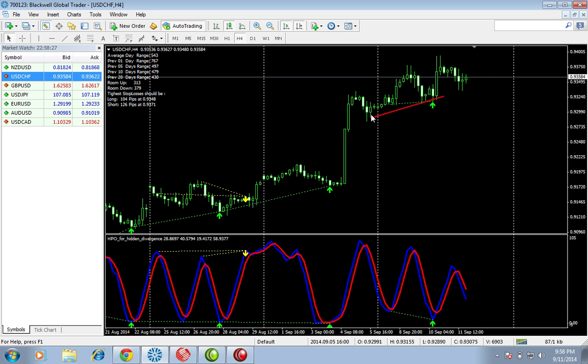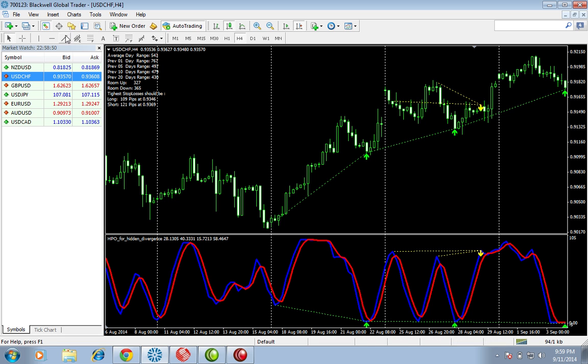But if price is making a higher low and the oscillator is making a lower low, then it is a warning. It is a warning that this momentum could be diminishing and that price may go up there. Okay, let's look at another hidden divergence.